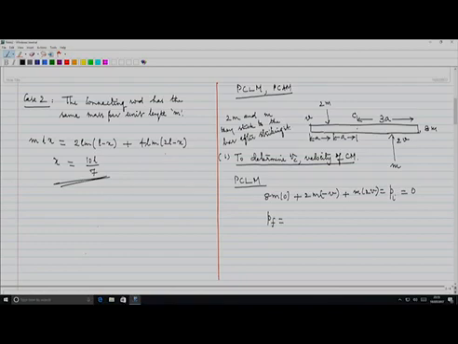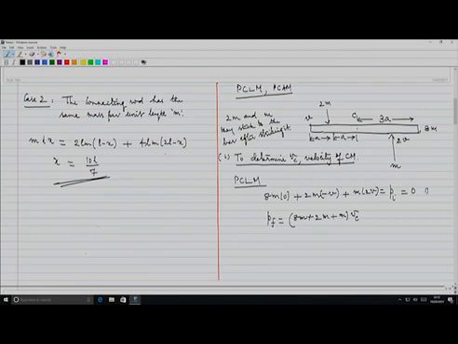Therefore, now the total mass of the system is 8m plus 2m plus m. The whole thing will have one velocity, that is the center of mass velocity Vc.